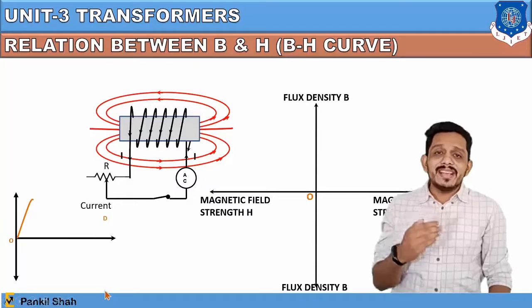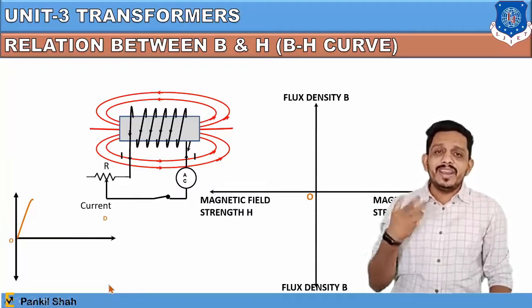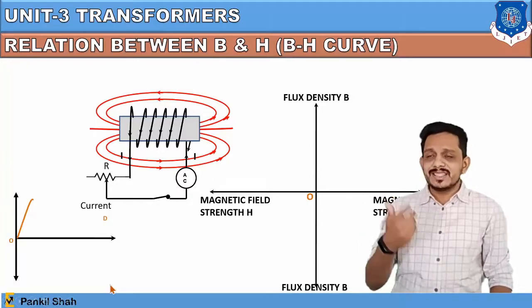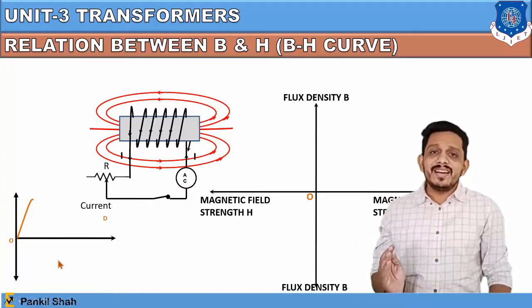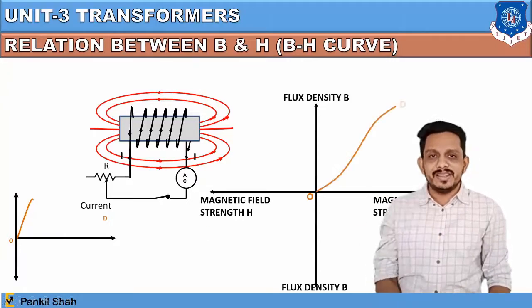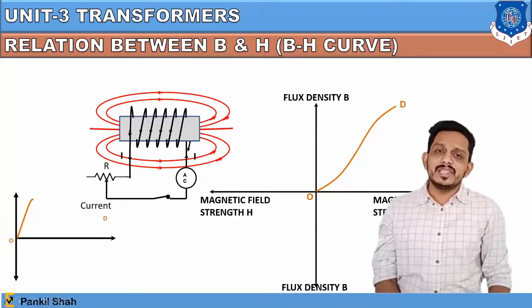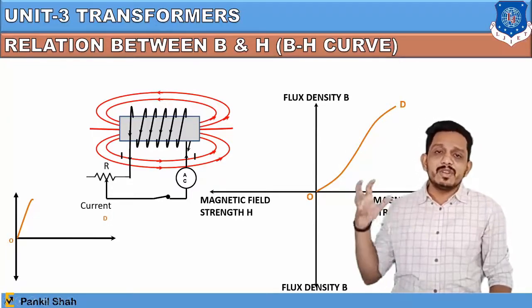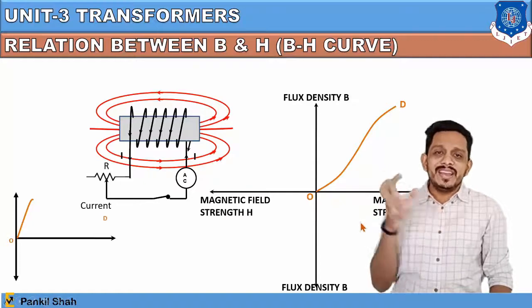But now as our switch is closed and current has started flowing in this electromagnet or solenoid, we can say that current is increasing. If current is increasing, the magnetizing force is increasing. And if magnetizing force is increasing, then magnetic flux will start establishing in this solenoid.